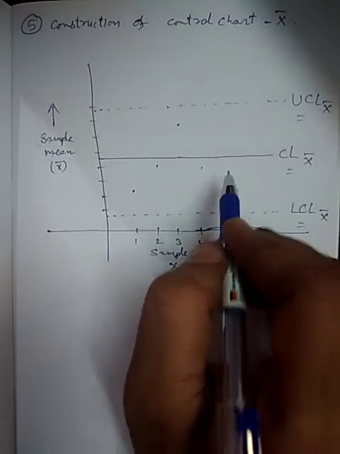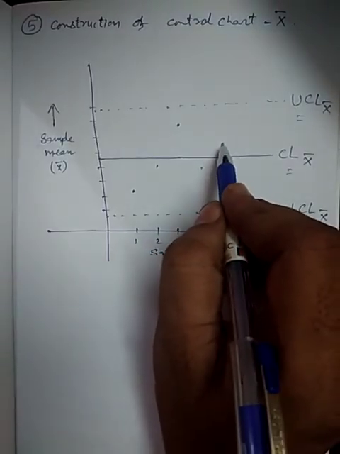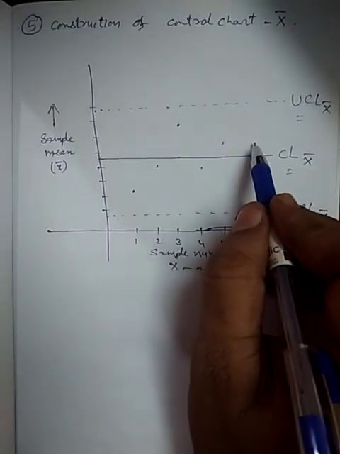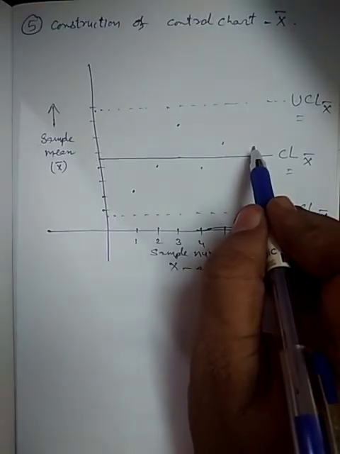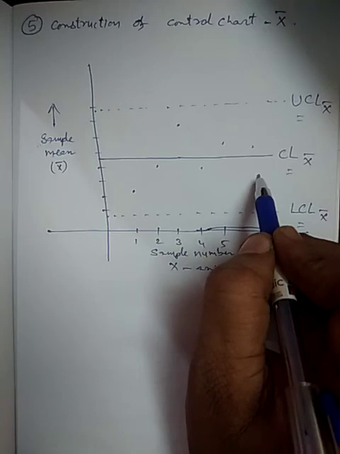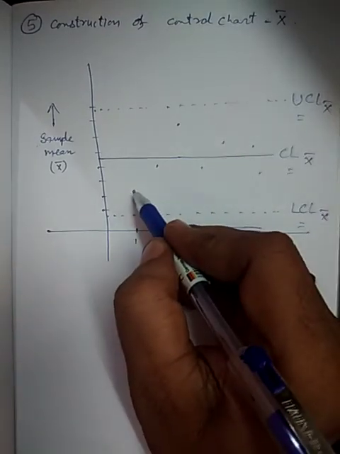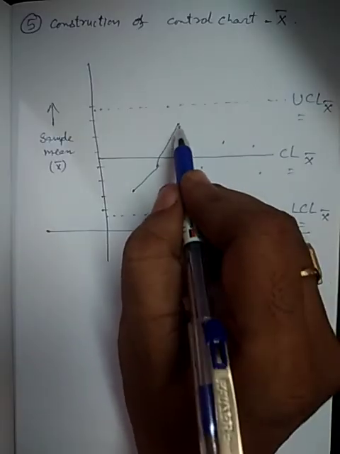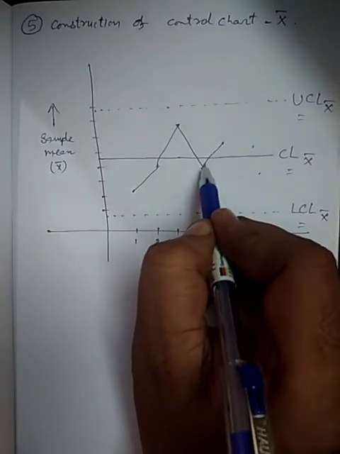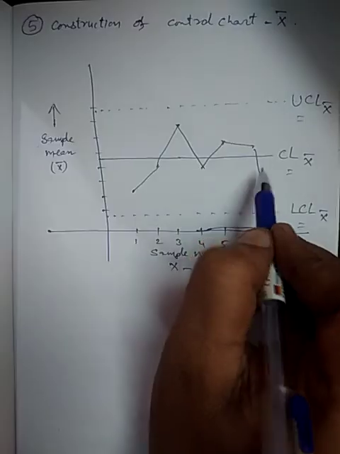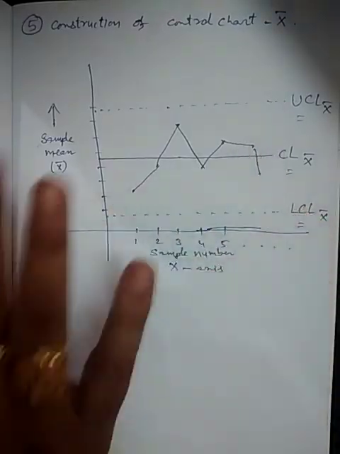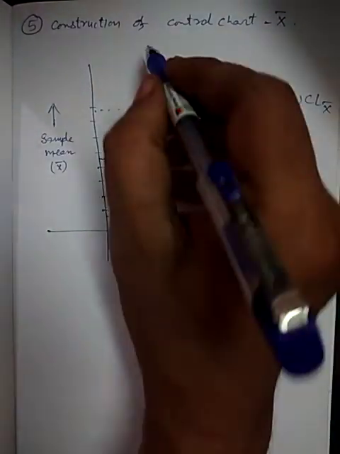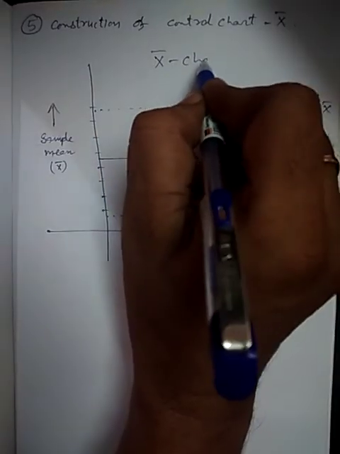For the fifth sample, the sample mean is somewhere here, and the sixth sample mean is somewhere here. For the seventh sample, and so on. Then I join all the points like this. So you see here, this is known as an x bar chart.